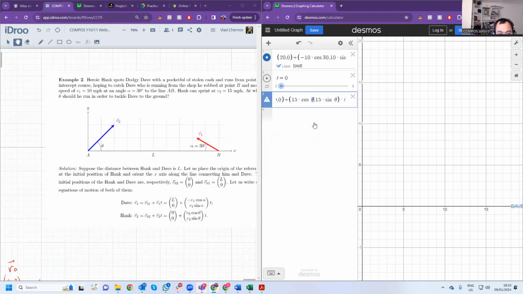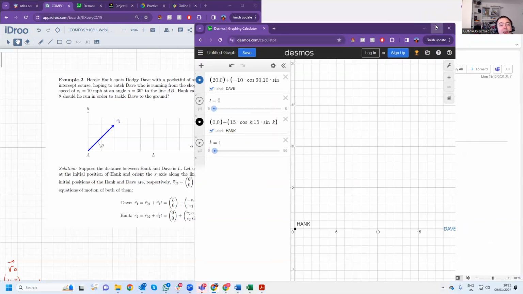Let's make the angle K, and K can take values from 0 to 90 degrees with a step of 1 degree. Okay, so let's see what we have so far. Let's see if we have any luck.